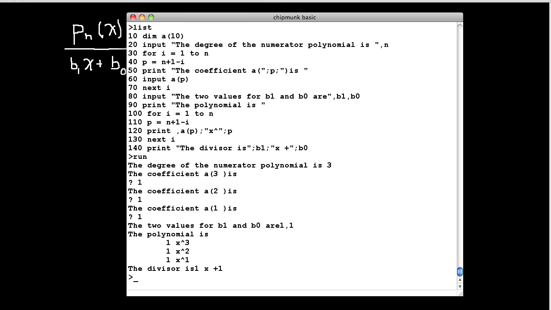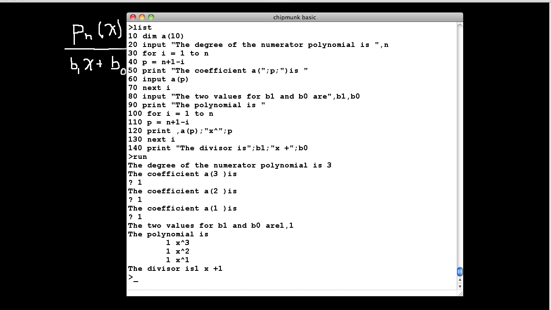Let's see. I see there's a mistake here in that I'm not inputting the value of the constant. If it's a third order polynomial, I should be inputting 4 constants, A3, A2, A1, and A0. So for I equals 1 to n, the polynomial is degree.